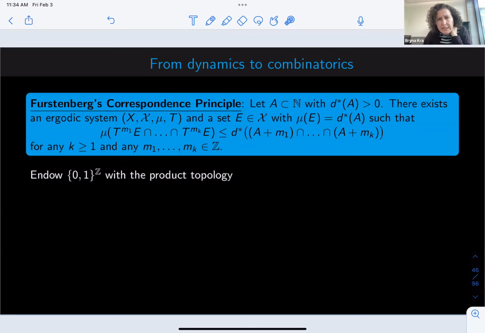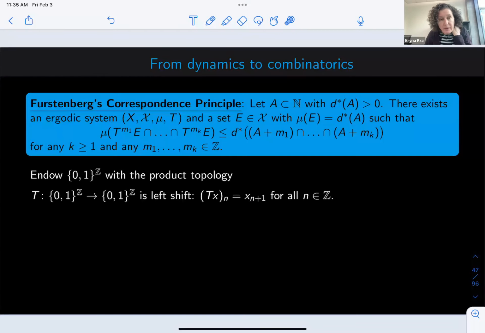But let me give you a quick idea of how you would prove Furstenberg correspondence. You do sort of the same thing that we did in the topological case: you start off with the bi-infinite sequences with the product topology, and you put the shift on it.